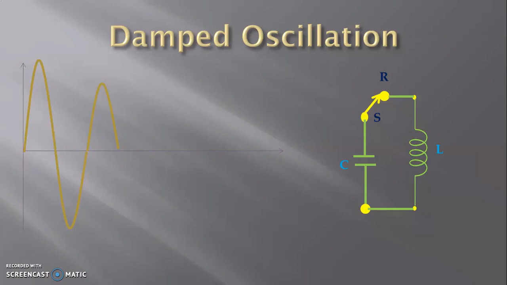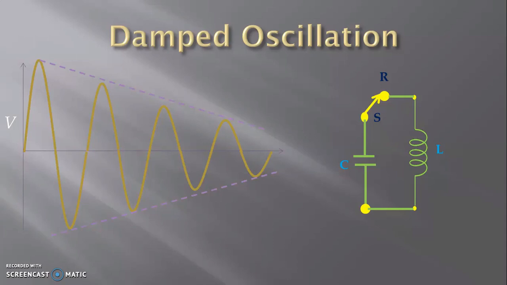So eventually the amplitude of the output voltage goes on decreasing, and ultimately it becomes zero when the entire energy is wasted and there is no energy left to maintain the current. And then the output voltage waveform comes to zero level.